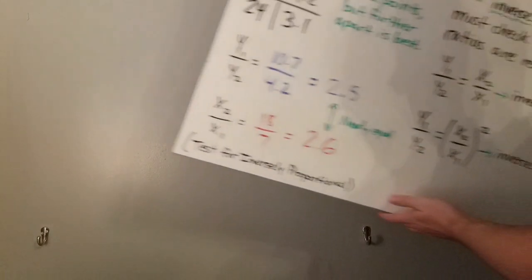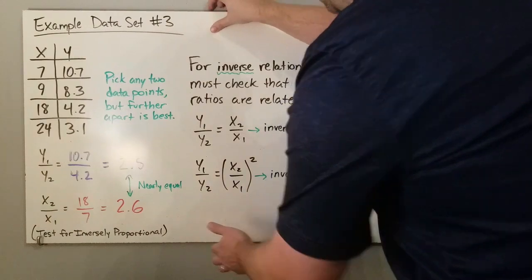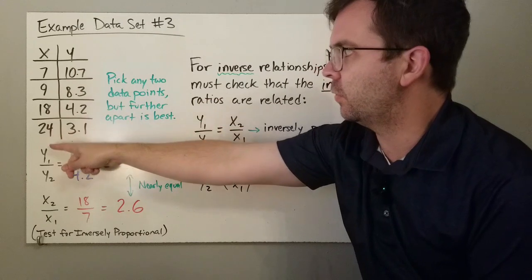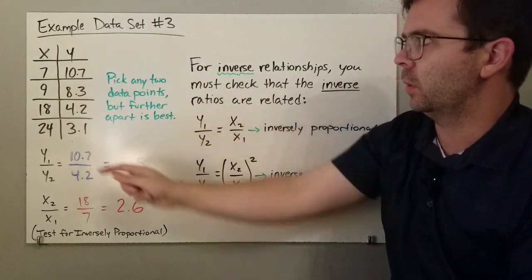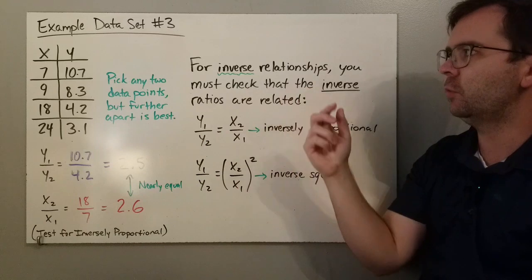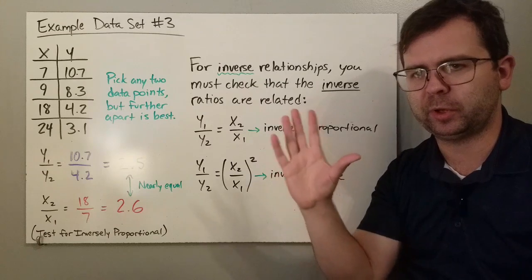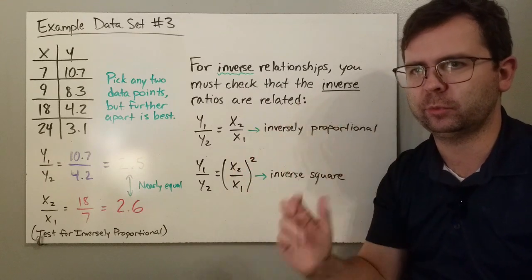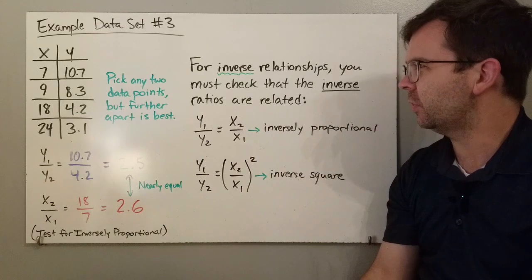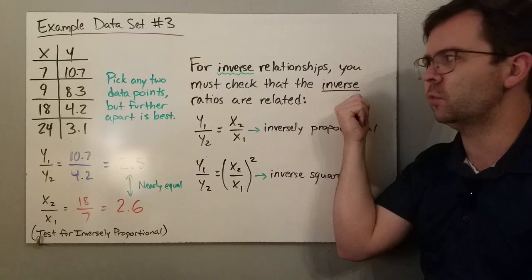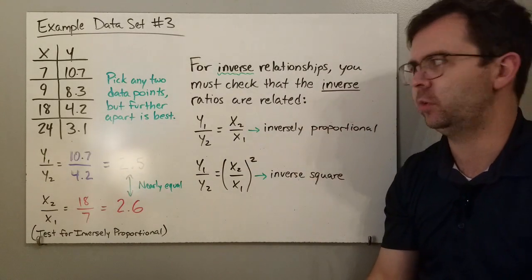Let's look at another example though. This time, as you increase the x value, the y value goes down. So we're going to higher x values, but the y value is getting lower and lower. So again, for inverse relationships, we're going to do the same kind of test method where we pick 2 data points and see what the ratio is between them. But the difference this time is for inverse relationships, you must check to see that the inverse ratios are related to each other.